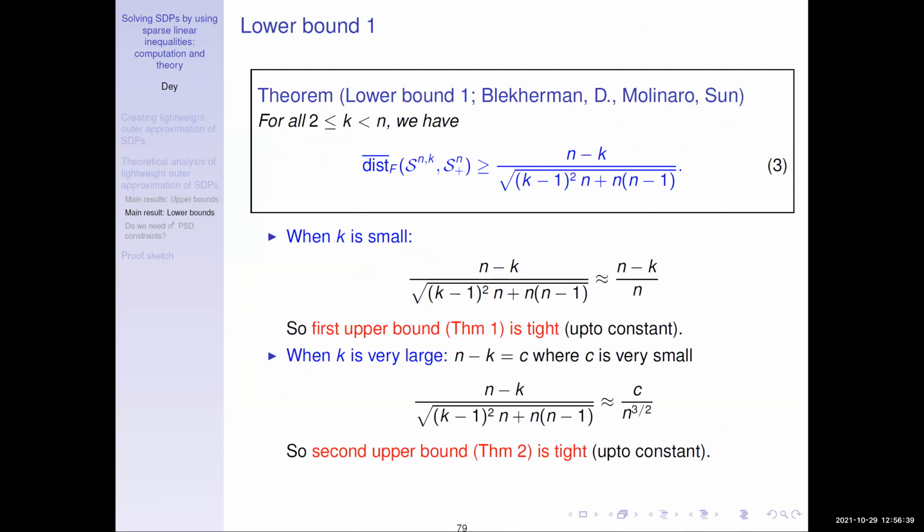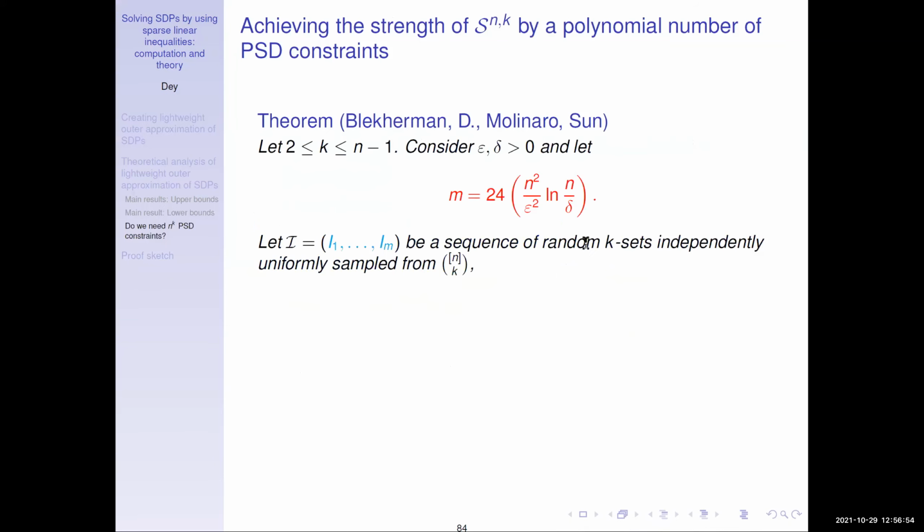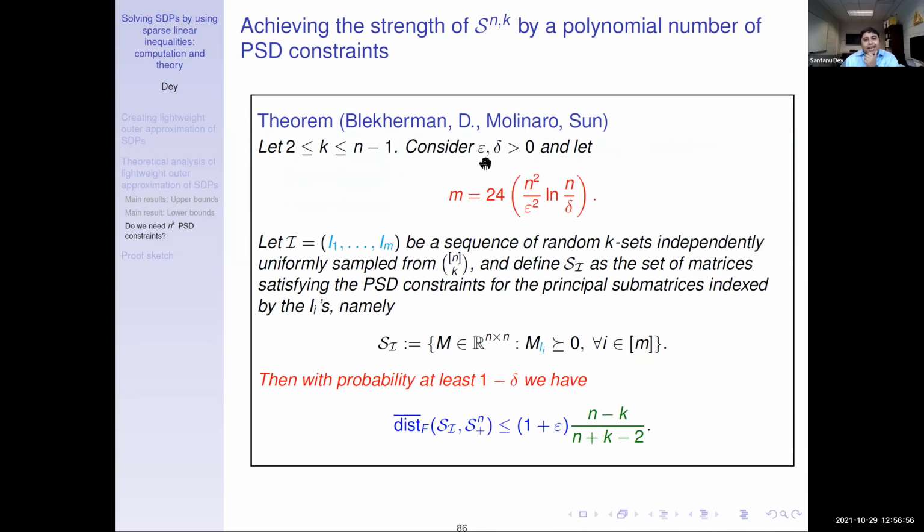Sorry, Santanu, but when you explained that, you essentially said that these k by k minors that you take at random ensure you appropriate coverage. Yeah, essentially that's what happens.